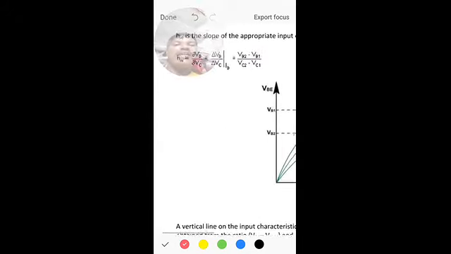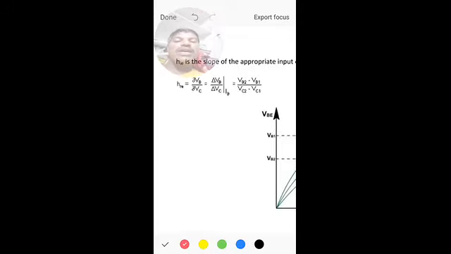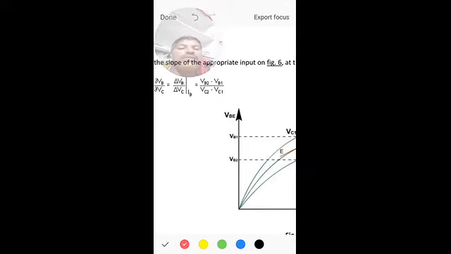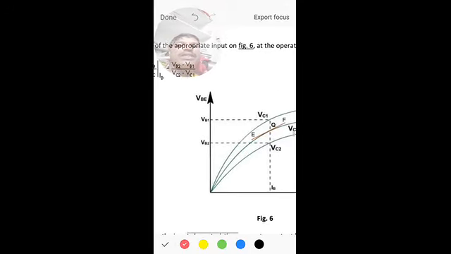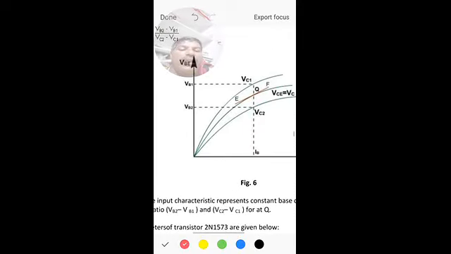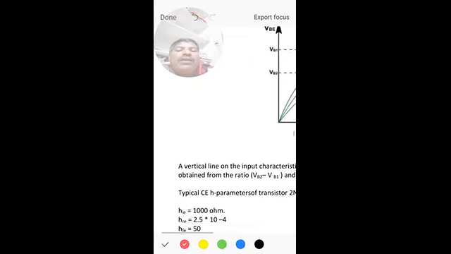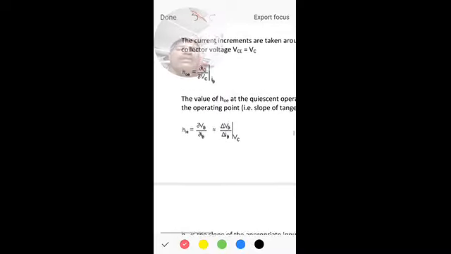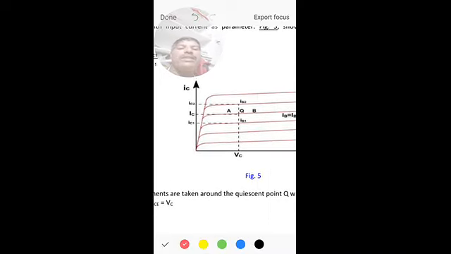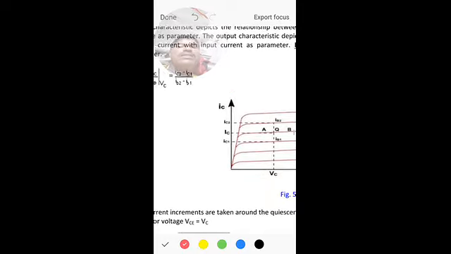So we can write the equation HRE is equal to delta VB by delta VC, that is VB2 minus VB1 by VC2 minus VC1, at a constant value of IB current.